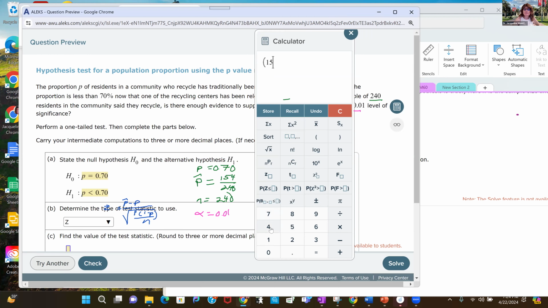So we've got 154 over 240 minus 0.7 over the square root of P times 1 minus P over N, which is 240.